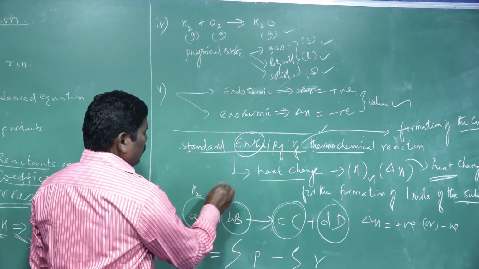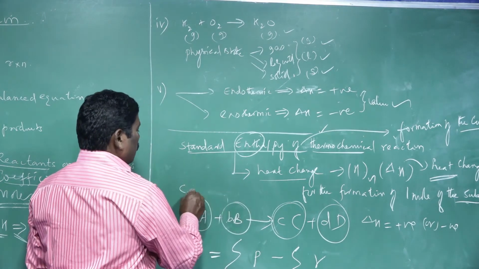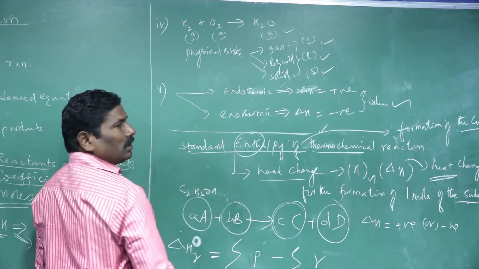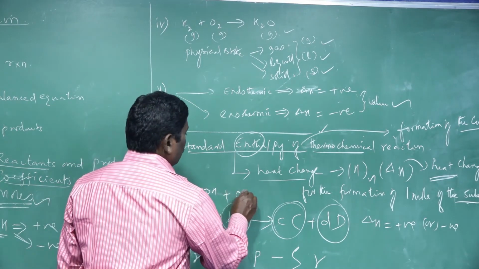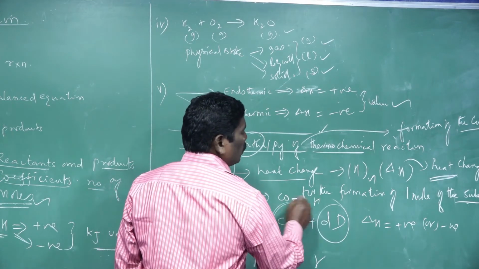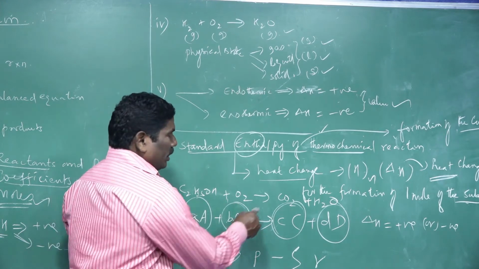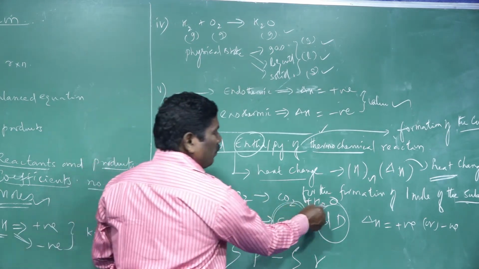For example, you can take H2, or else the reaction of C2H5OH alcohol with oxygen, O2. The products formed we can write as CO2 plus H2O. This is a chemical reaction. Carbon dioxide is formed here, and H2O is formed here.